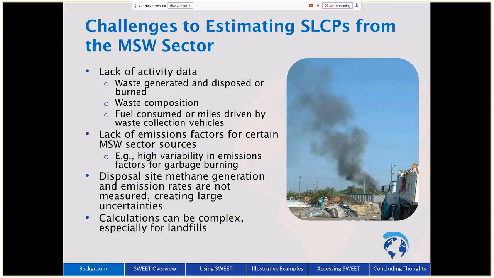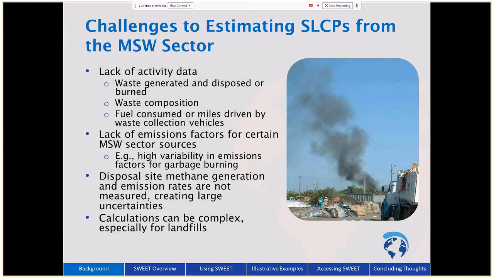First of all, we have a lack of data for many of the activities that contribute to these emissions. As I mentioned before, waste burning is one activity where there is very little data, or only anecdotal data from a few global regions.